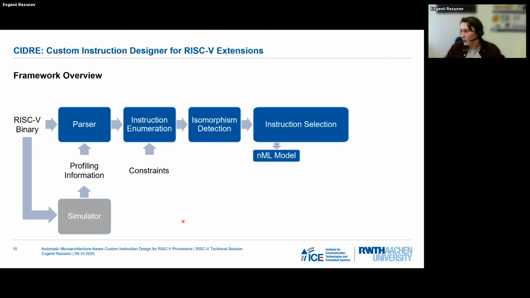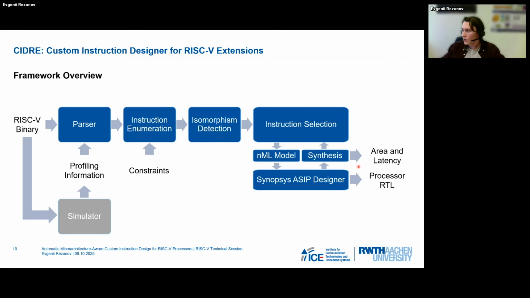To do so, we create a processor model with a language called NML. Then we feed it into Synopsys ASIP Designer that can then generate an RTL for our processor automatically, which we then can synthesize to get some area and latency values and use them for the instruction selection. On the next slides, I will explain why we do it and also explain each of these steps in some more detail.